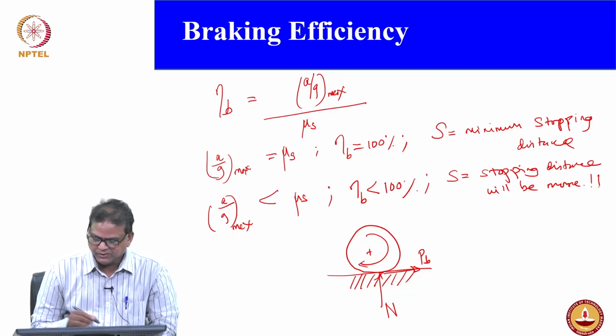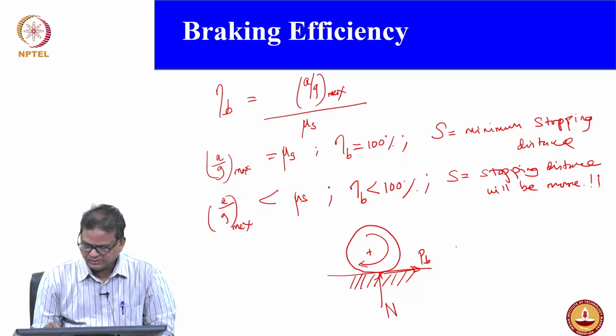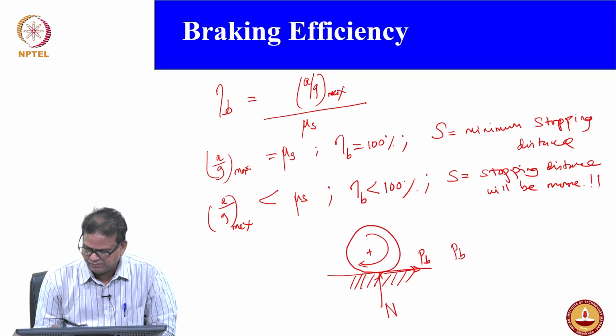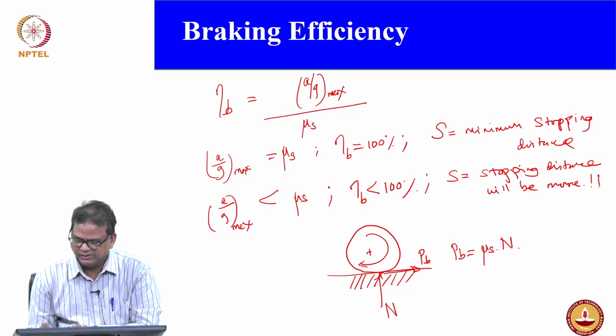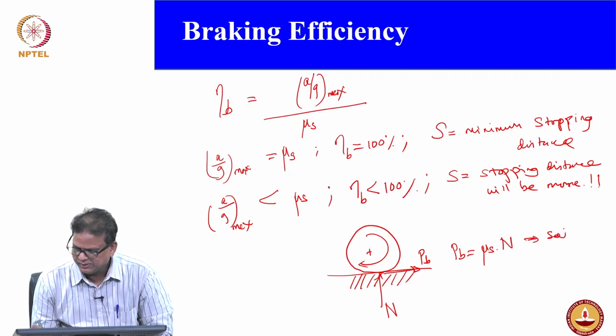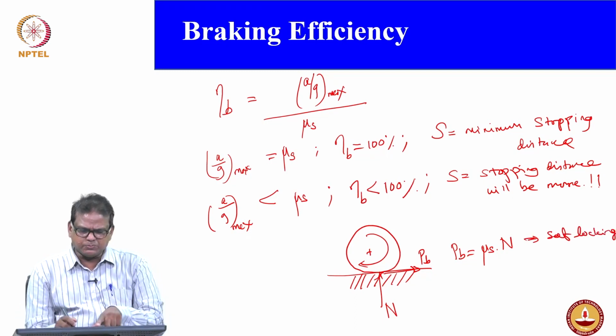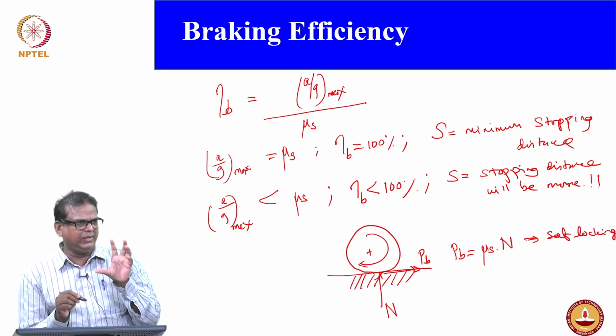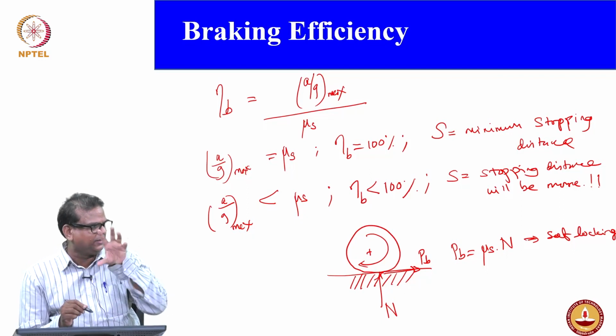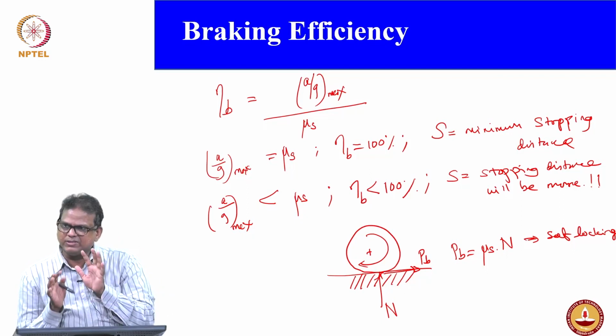This is rolling. When you say self locking, the self locking condition is mu equal to Pb equal to mu s into N. This is the condition where you expect the self locking. Until then, the wheel keeps rotating; when the moment is reached, it will stop.